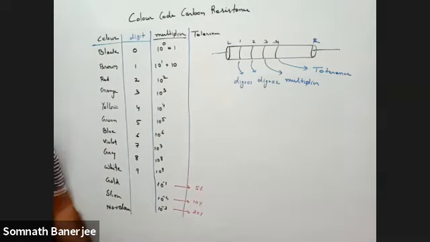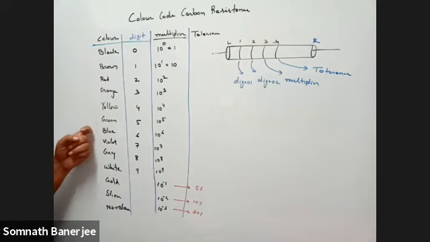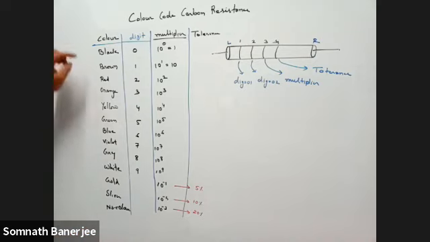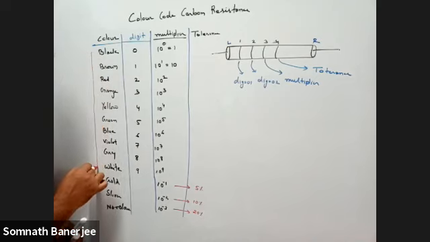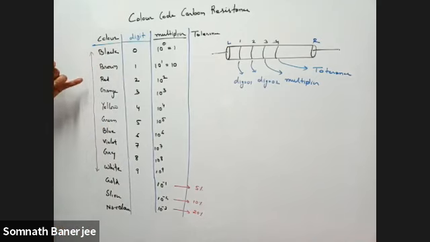And how do you remember all these colors? The formula is B.B. Roy, Great Britain, very good wife. Gold, silver, no color. Mainly up to white you can remember by B.B. ROY: B for black, B for brown, R for red, O for orange, Y for yellow.